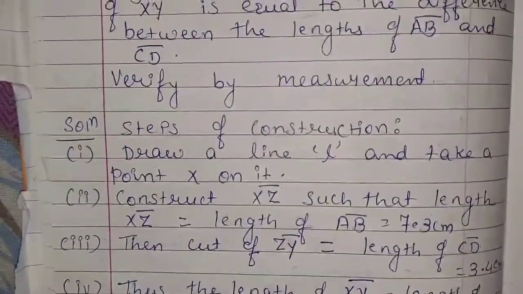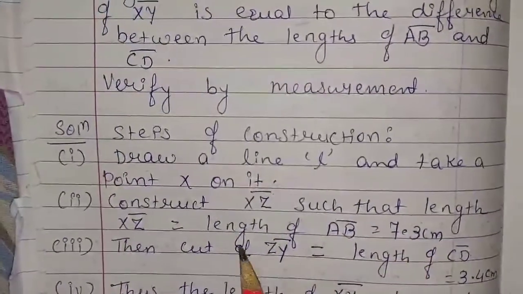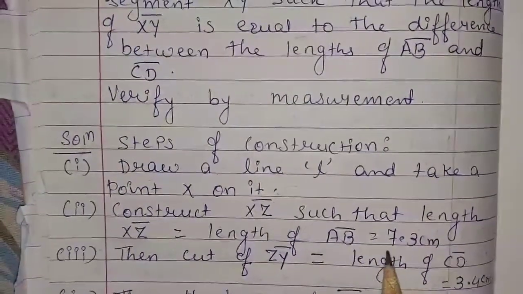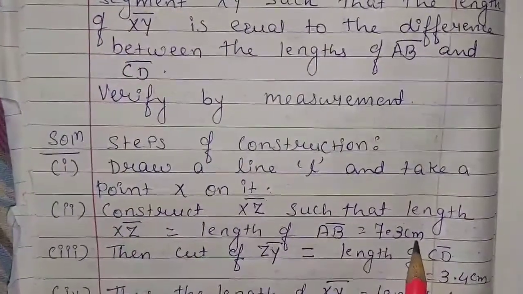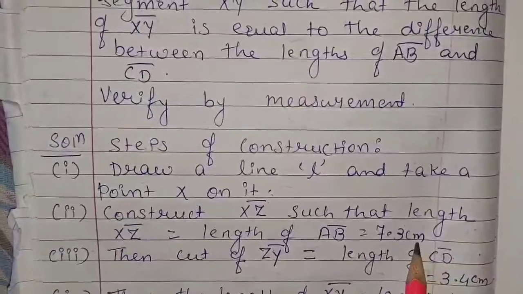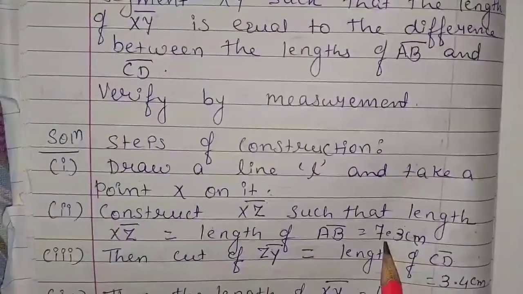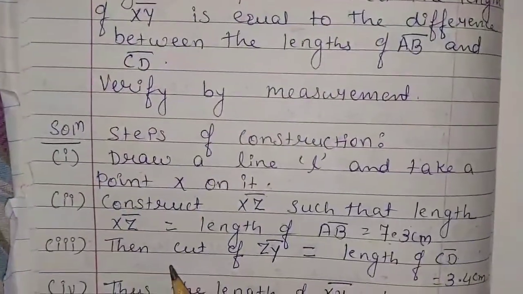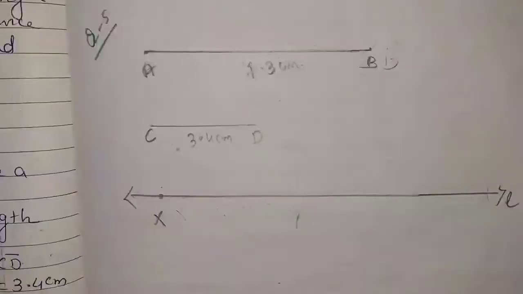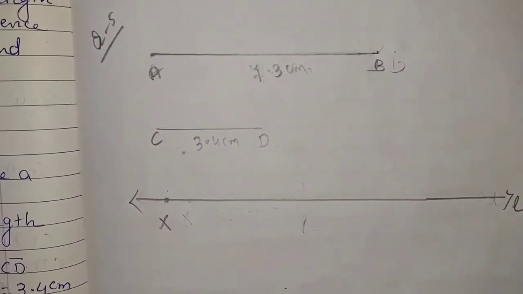What is step 2? Construct XZ such that length XZ equals the length of AB, that is 7.3 cm. Let us see this in the figure. Now students, where is our line segment AB given? Here.